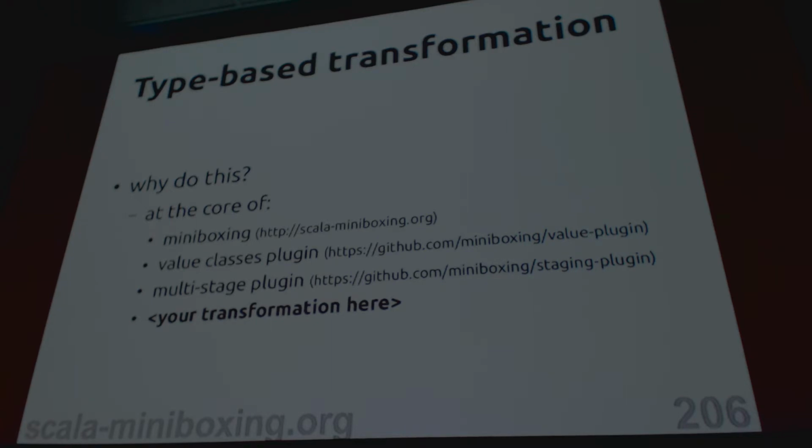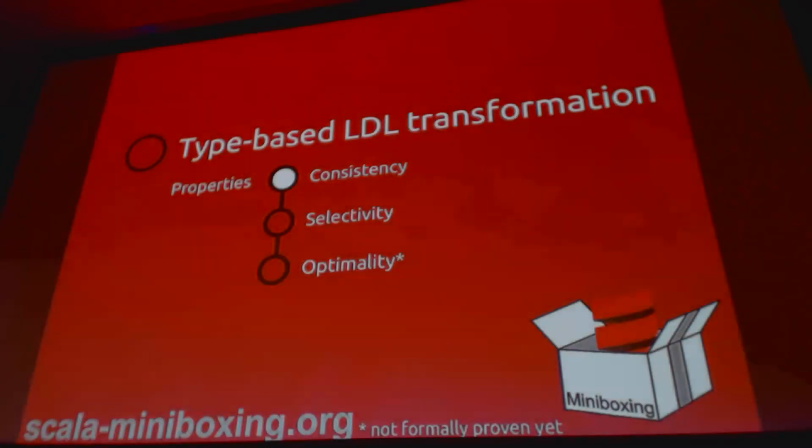And then we were able to cover other use cases with it, like value classes, multi-stage programming, and hopefully your transformation will also be covered. Probably that's the most important one, so please pick up when you have ideas of what to do. Okay, so based on this type-driven transformation, let's see some of its properties, right?